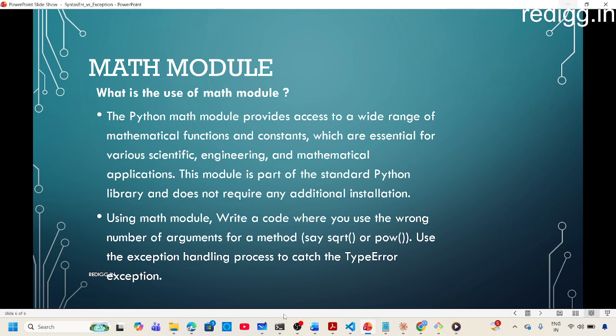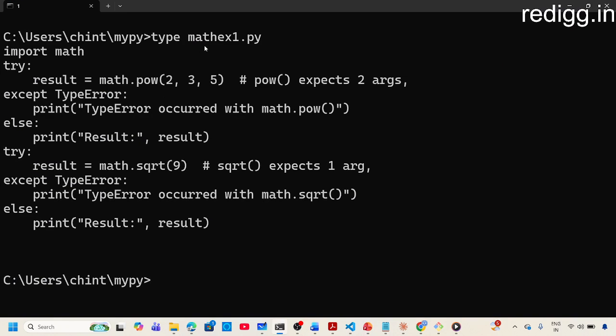Let's look at the example. I have typed it already to save some time. If we see here, there are two try-except blocks. One is going to run pow, which is the power of a number, meaning 2 raised to 3, or 2 to the power 4, or whatever the mathematical calculation is.